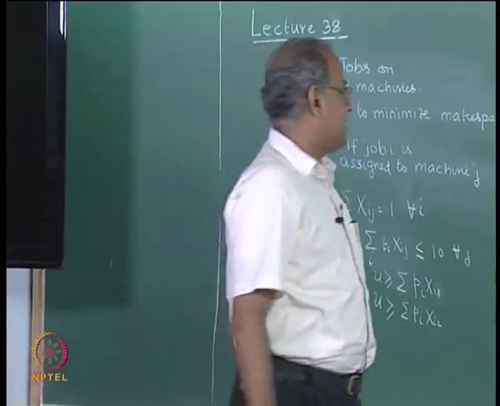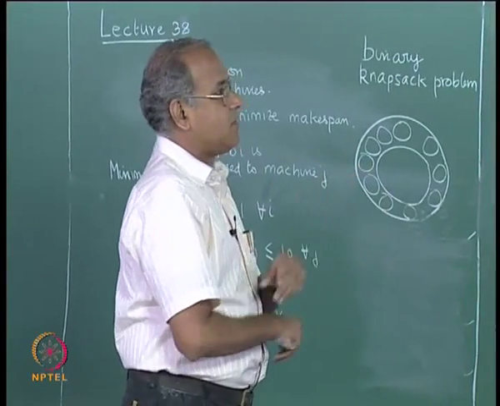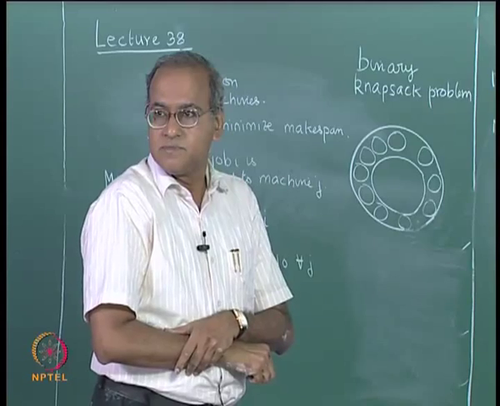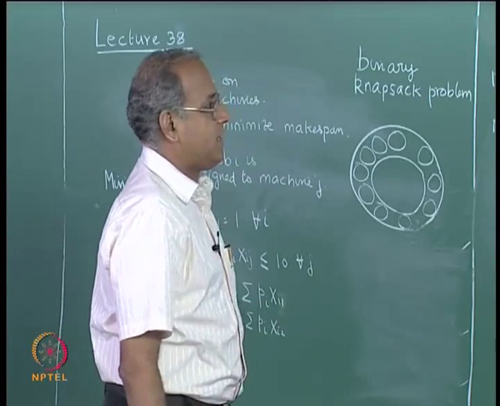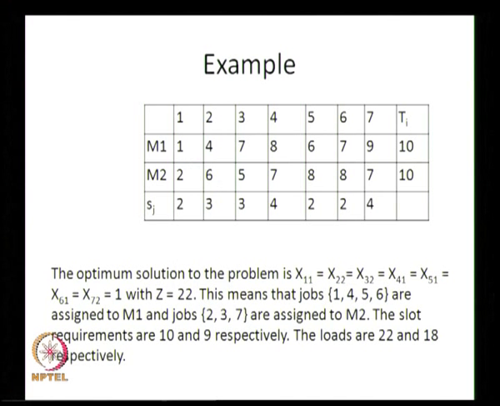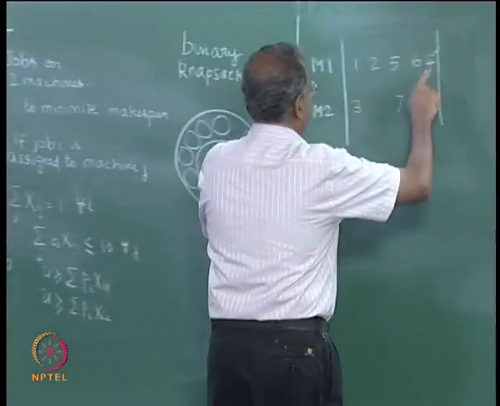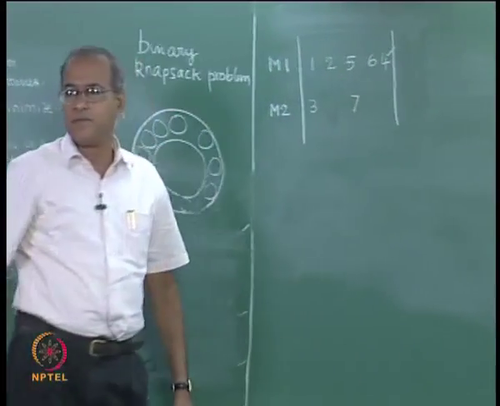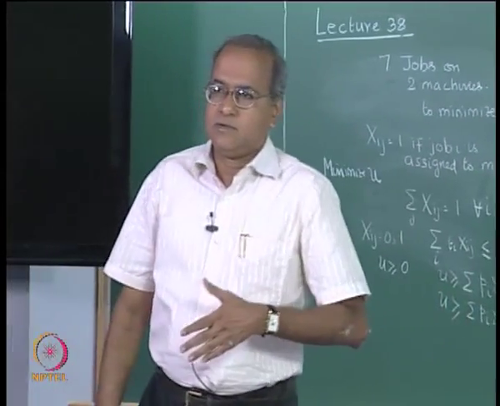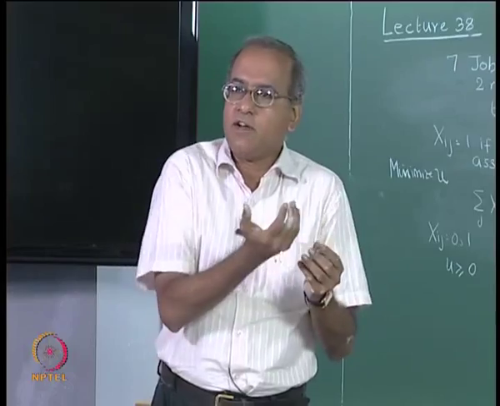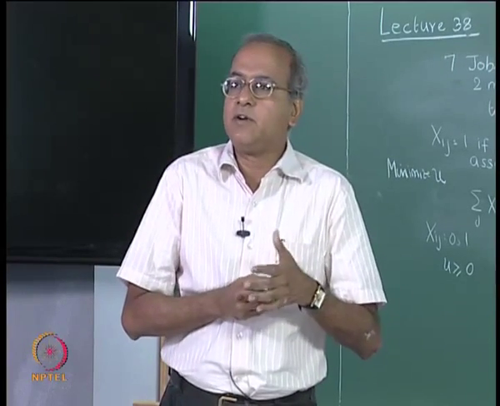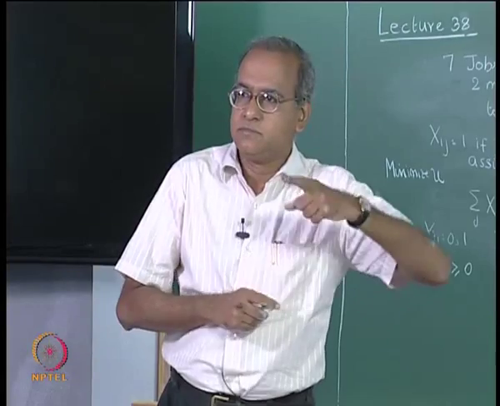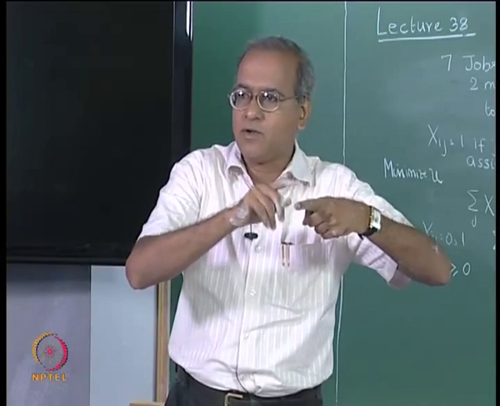If we do that, now 3 and 7 gives us time equal to 7, but 1, 2, 4, 5, 6 is 1, 2, 2 plus 3 is 5, plus 4 is 9, plus 2 is 11, plus 2 is 13, correct, 13. So, from 1, 2, 4, 5, 6, we have to shift things here such that the time is minimum, and whatever we shift, a job that has 3 or more tool requirement has to go.